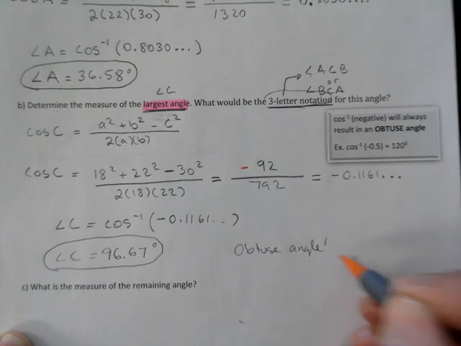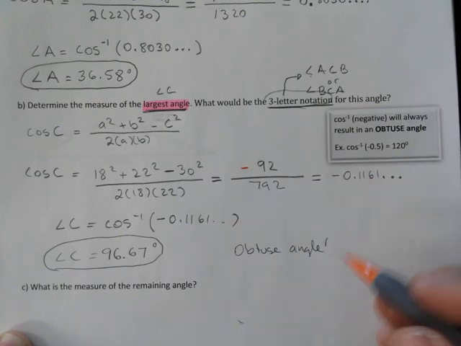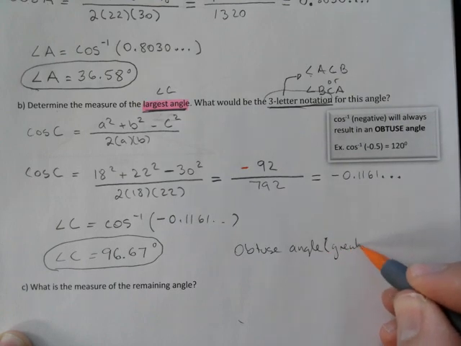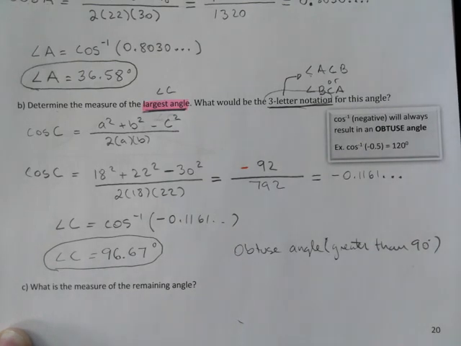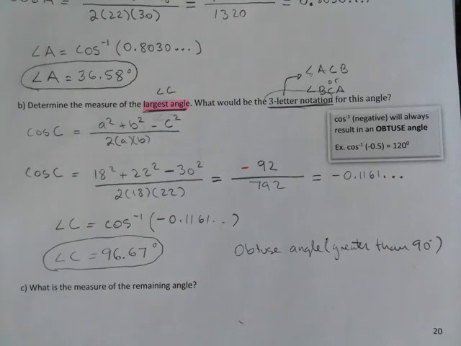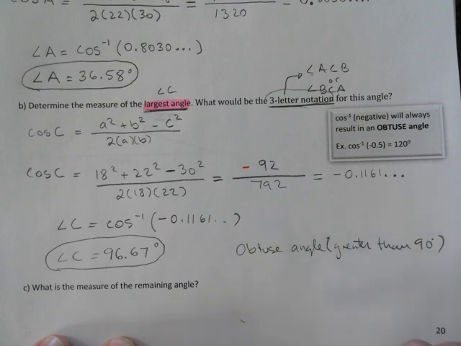And we're going to say obtuse angle, greater than 90. So sometimes if it's negative, even if it's 90.01, it's technically obtuse, right? As soon as you're over 90, you are over. So I'm going to go obtuse angle. I'm going to use a different color because I don't want you to think that the yellow is A, right?